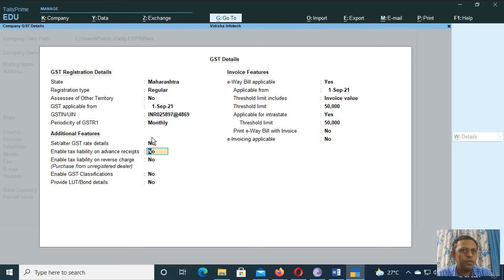Here we can perform the additional taxes, additional features also we can assign, but here we will be leaving it as it is.